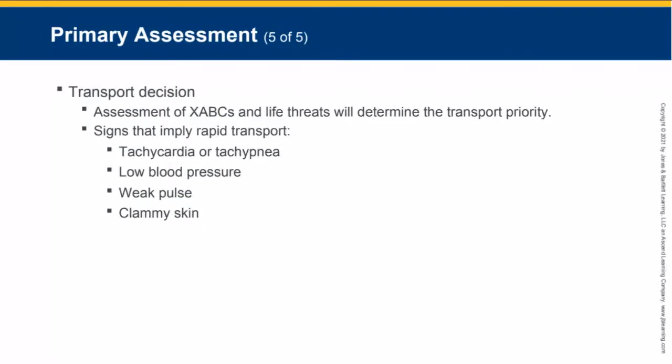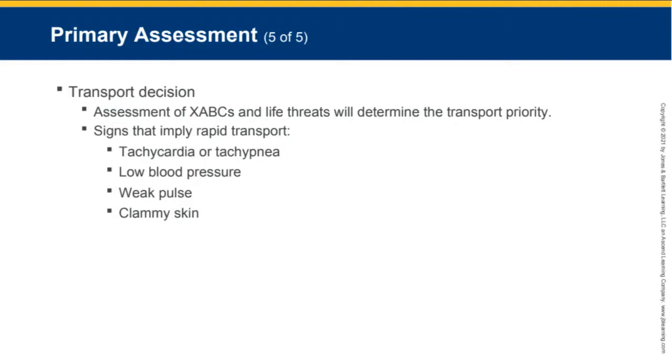After you have completed your ABCs, at this point, you should know what your patient's Glasgow Coma Scale reading is. So you should know the patient's GCS. You should know if you need to do a rapid scan or a focused assessment.